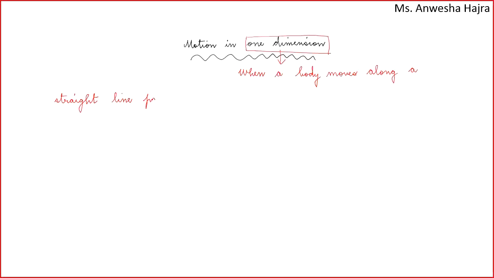When it moves along a straight line path, then the motion is said to be one-dimensional motion.